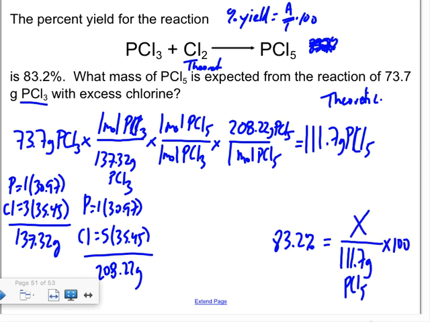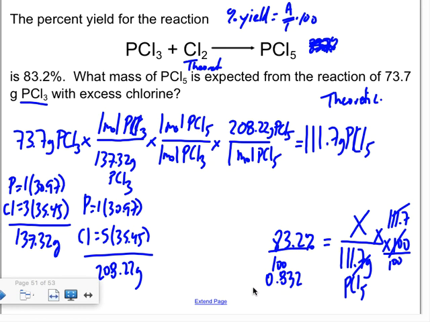So we are solving for x. What's our actual yield? How much can we actually expect with an 83.2% percent yield? To do this, let's just divide by 100, and get rid of this. So 83.2 divided by 100 is 0.832. Okay, and then to get rid of 111.7, just multiply by the reciprocal, so that will cancel out.